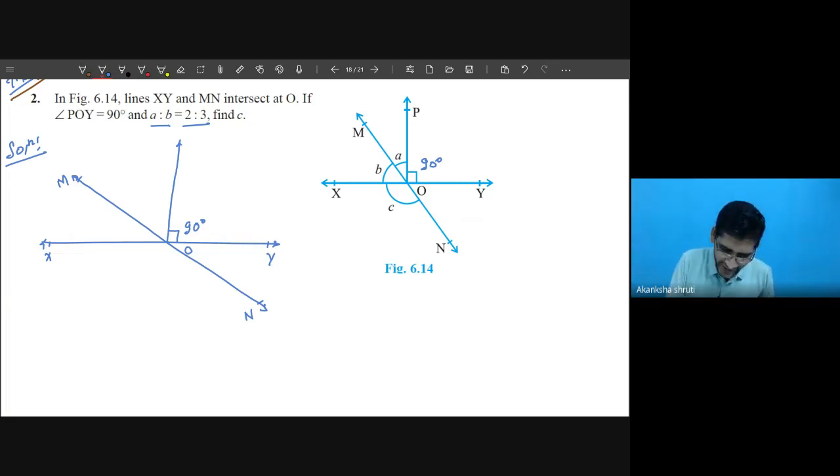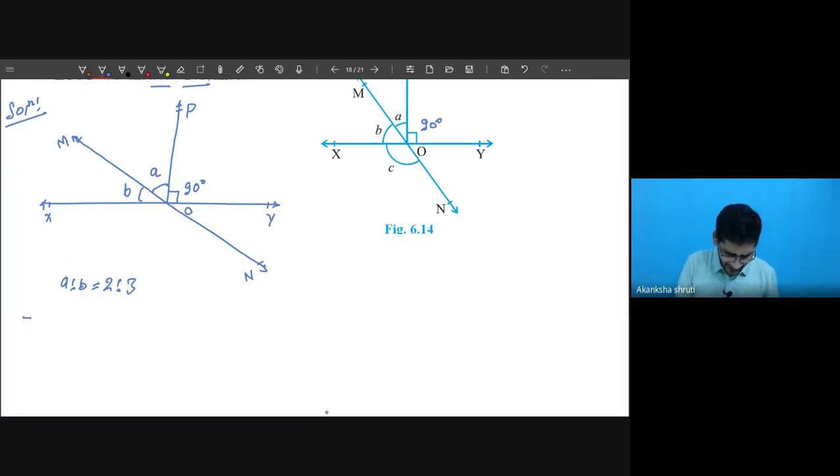It is also given that this point is P, and angle POM is considered as A, and angle MOX is considered as B. It is given that A to B is 2:3. Students, are you getting what it means?